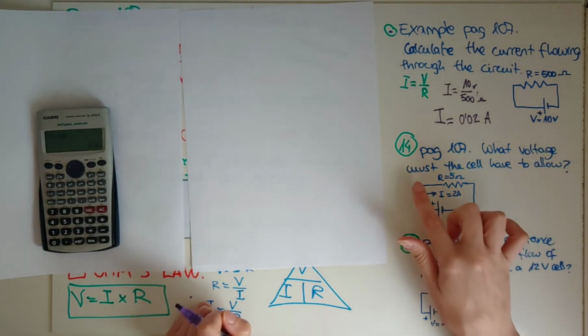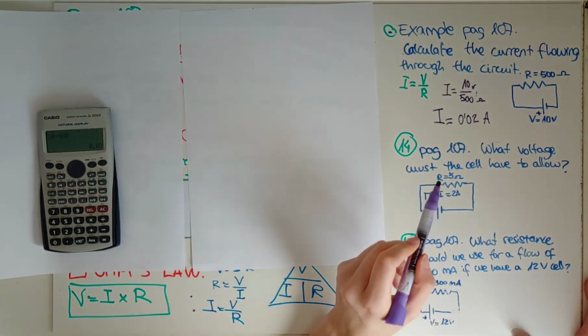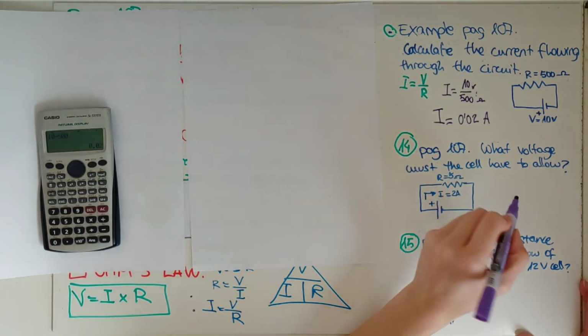Now, exercise 14, page 107. What voltage must the cell have to allow the flow? I draw the diagram and I put my data and I calculate it.